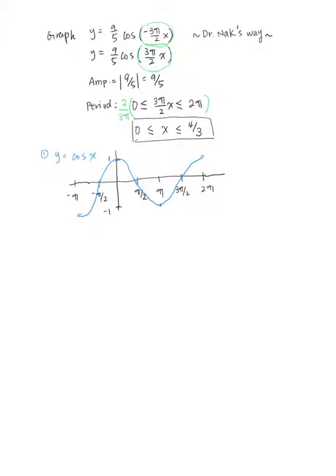So now to graph what we want to graph out, instead of from 0 to 2 pi, the 2 pi mark is going to become 4/3. Okay, and then you're going to chop this up into 4 equal lengths. You do the same business as what we did before.